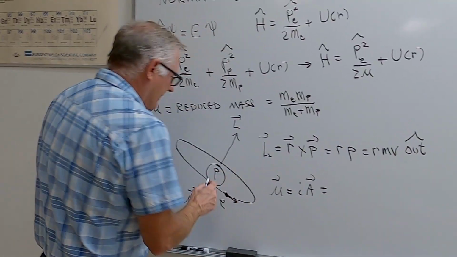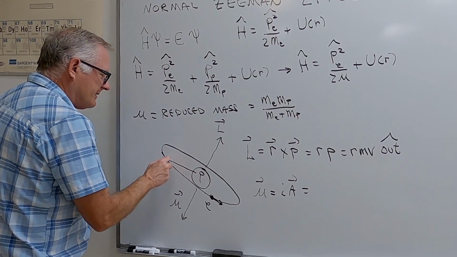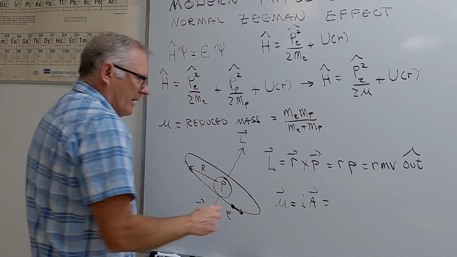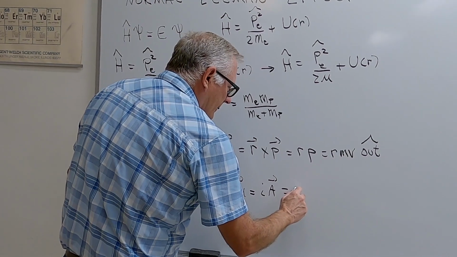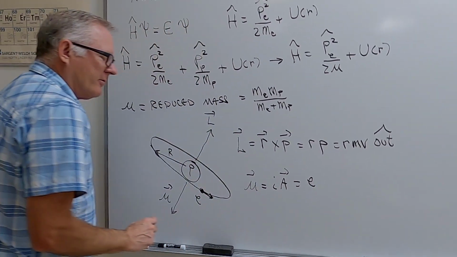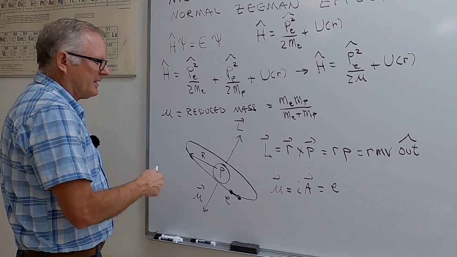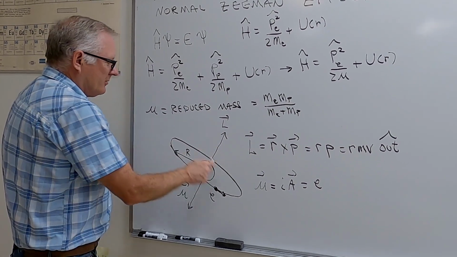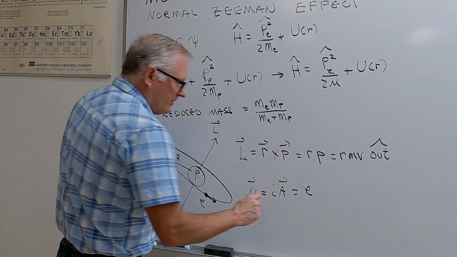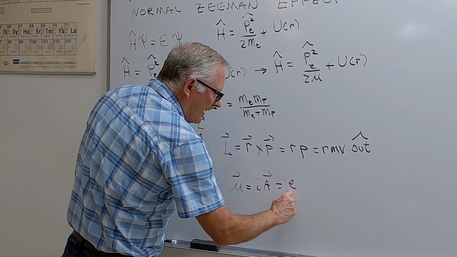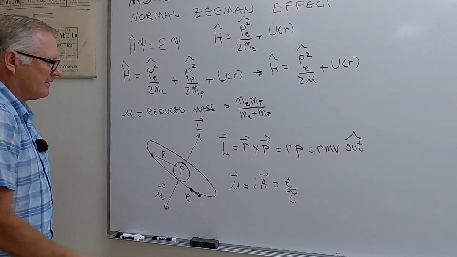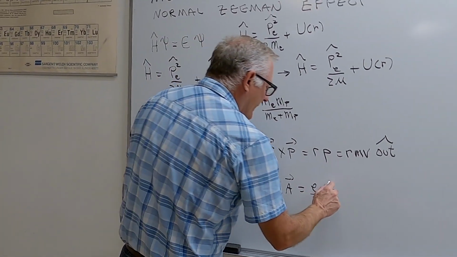If this has some radius, say r, the current I would be, there's an electron going around. I'm not going to worry about the direction because I already know they're opposites of each other. It's charge per unit of time, so every period it goes around once, times the area, which is pi r squared.